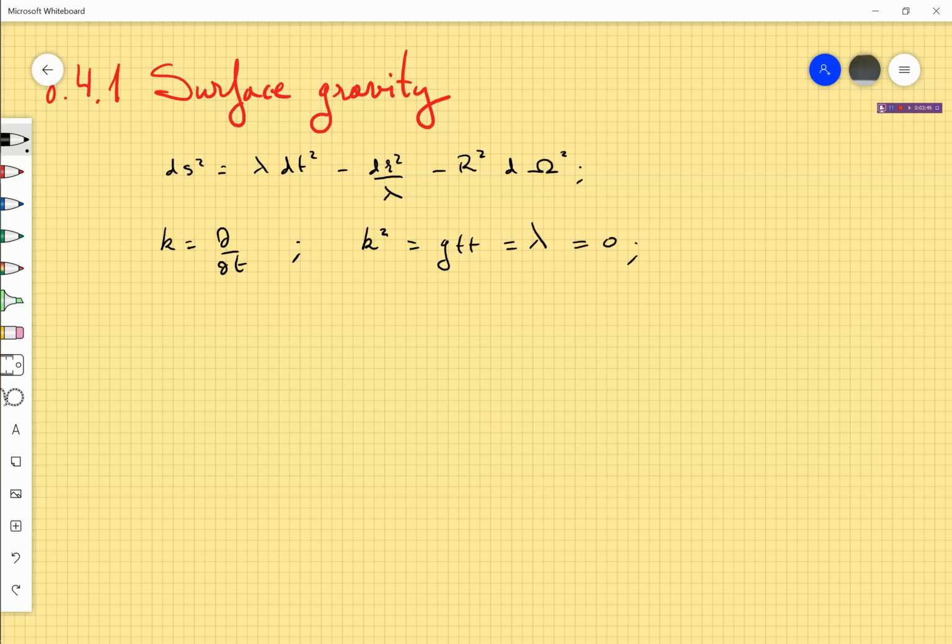If lambda vanishes at different values of r, which is what happens for the Reissner-Nordström black hole, the event horizon will be the one corresponding to the larger value of r, the one closer, if you want, to the asymptotic region.